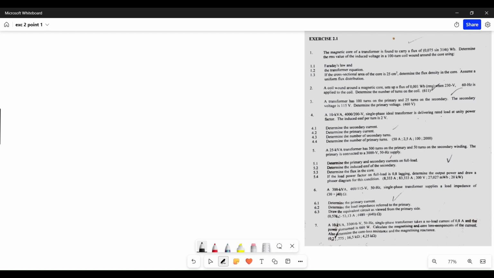Always write everything that you are given. S is equal to 25 kVA, N1 is equal to 500, N2 is equal to 50.